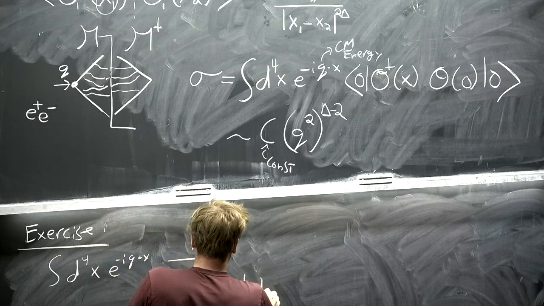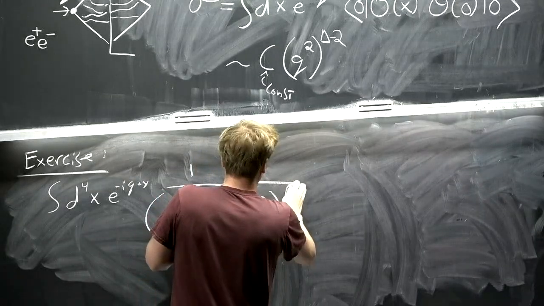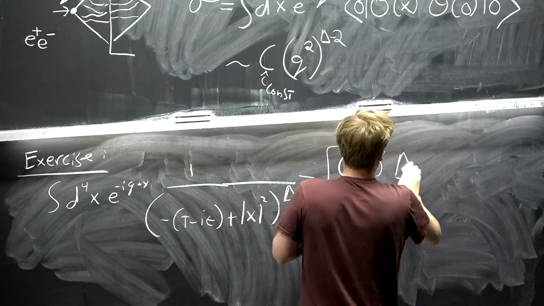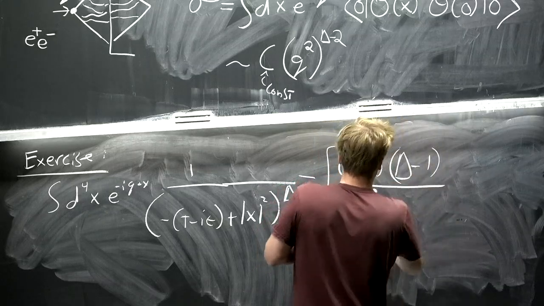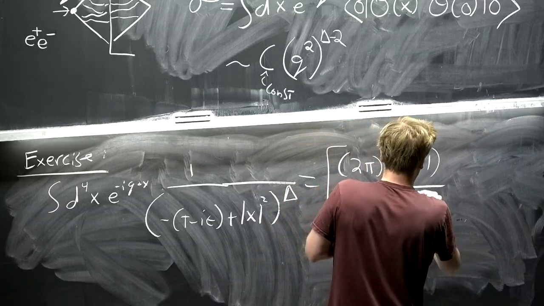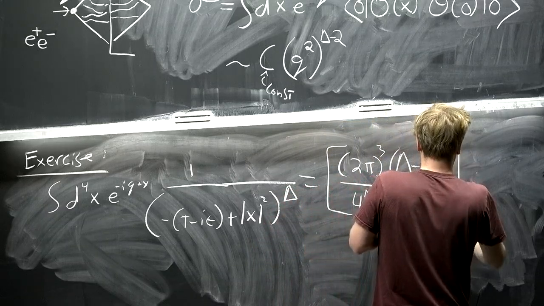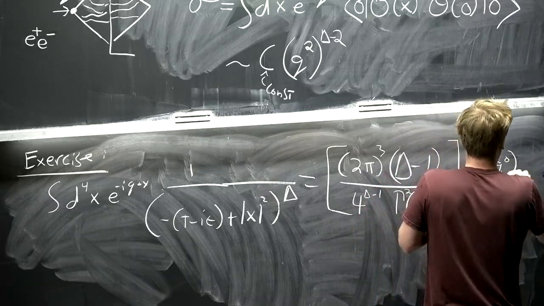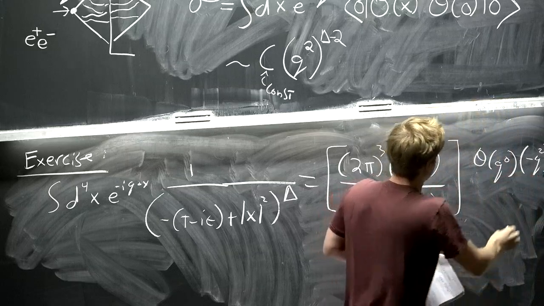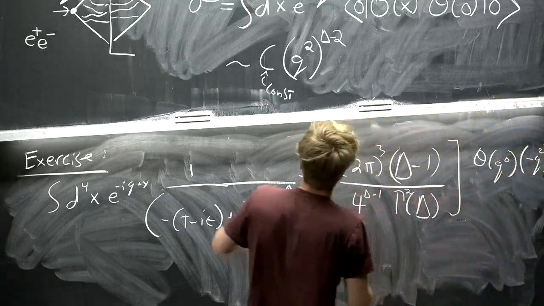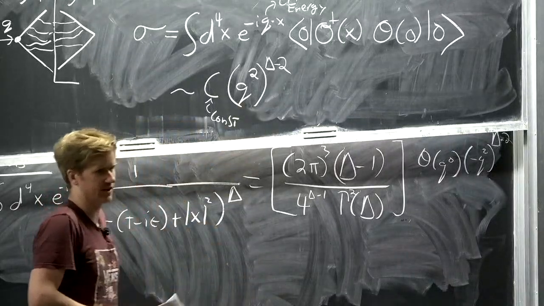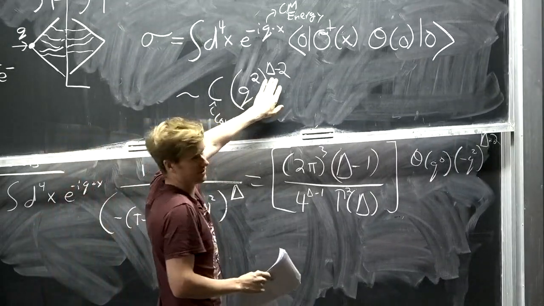We can discuss this afterwards if people want, just to show that it can be done very explicitly. But the nice thing about this is that it just predicts the scaling as a function of q squared. It says it has a very simple power law with certain anomalous dimensions.